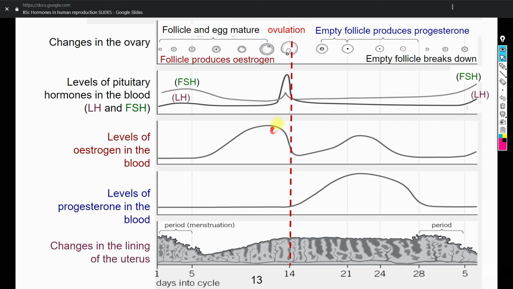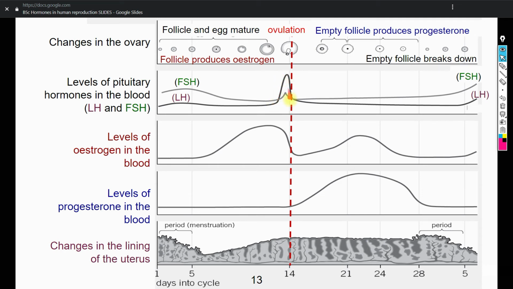Now when we reach a certain really high level of estrogen, it stimulates the pituitary gland to release a huge burst of LH hormone.